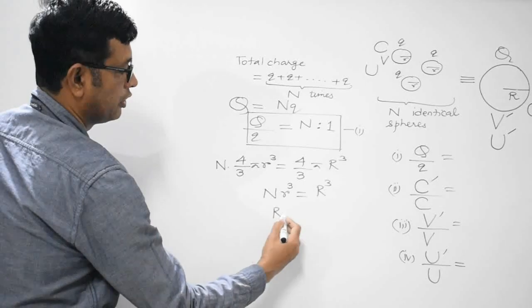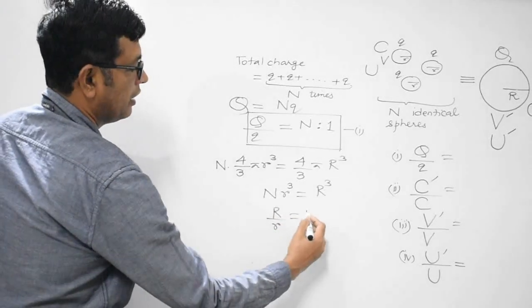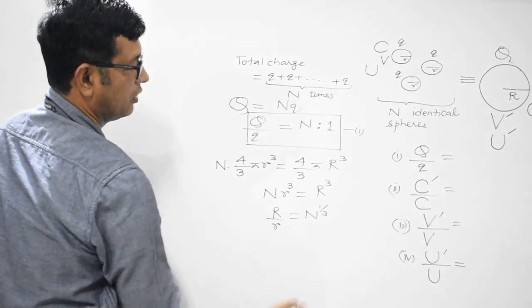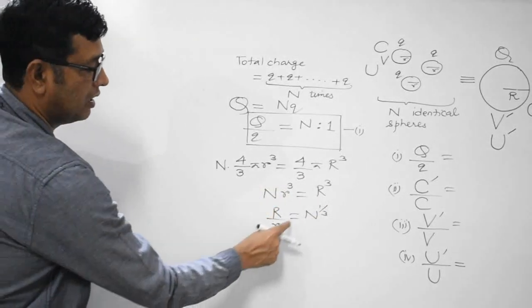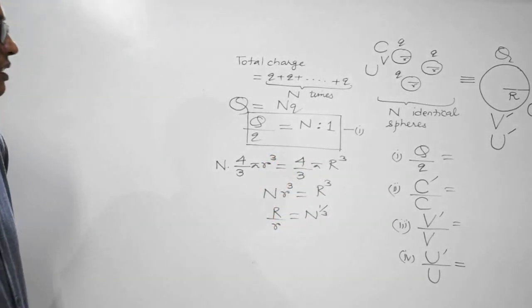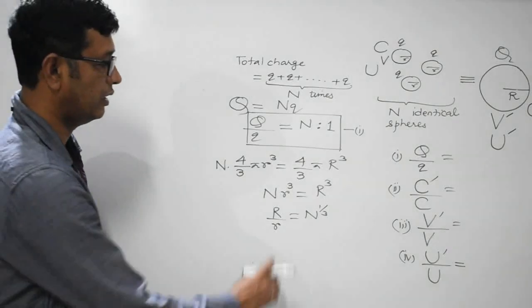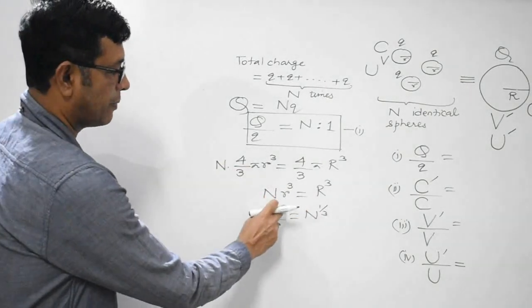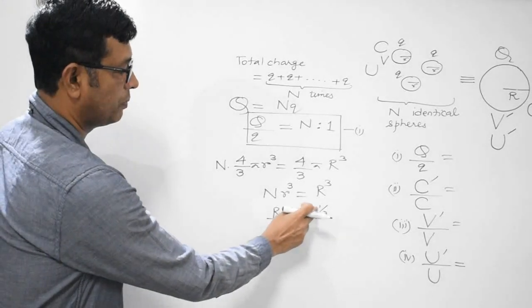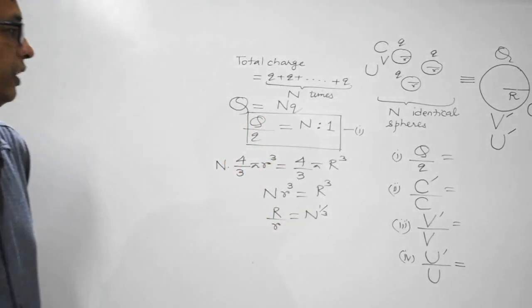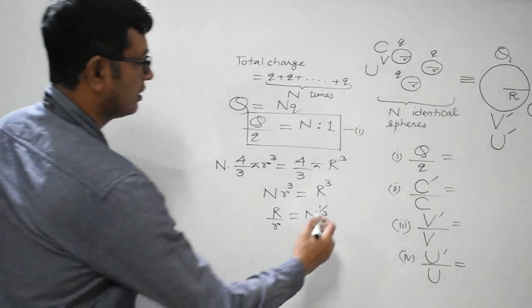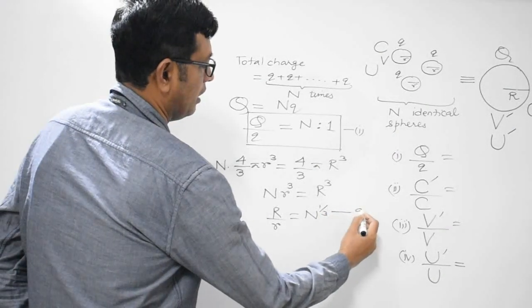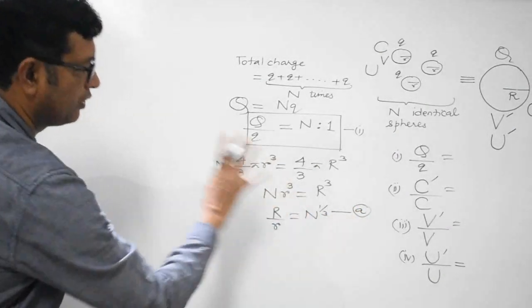Taking cube root, what do you get? n to the power 1 by 3. We'll make use of it. R by r is equal to n to the power 1 by 3. Simply take cube root and you should get this result. Clear? So capital R by small r is equal to n to the power 1 by 3. So put this as A. We will make use of it.